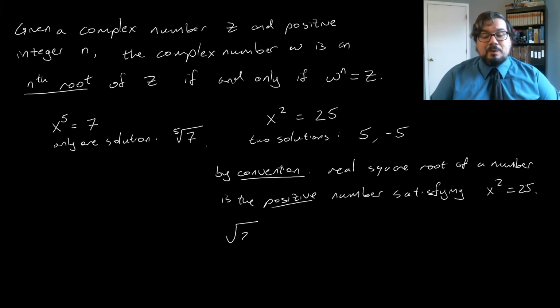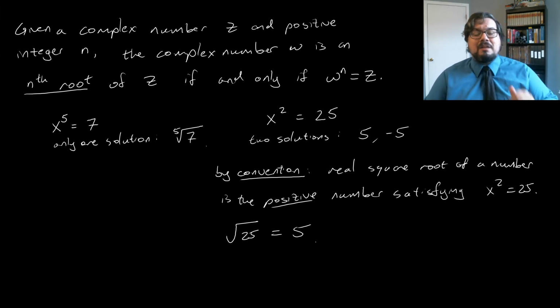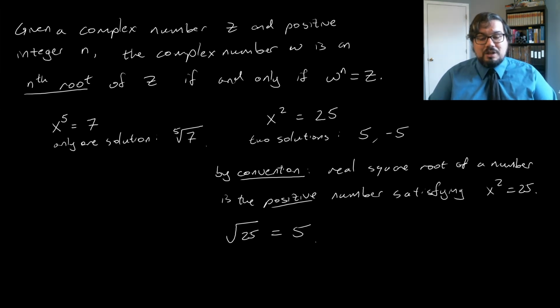So when we write the square root of 25, that unambiguously means 5, but not for a mathematical reason, by a convention reason. We've decided that this notation, the square root of 25, means exactly 5 and not negative 5.